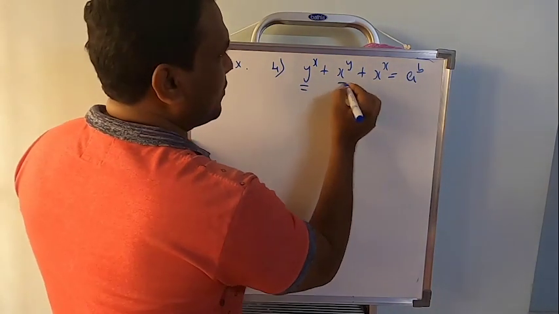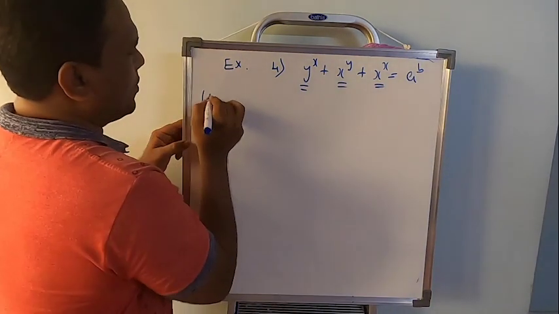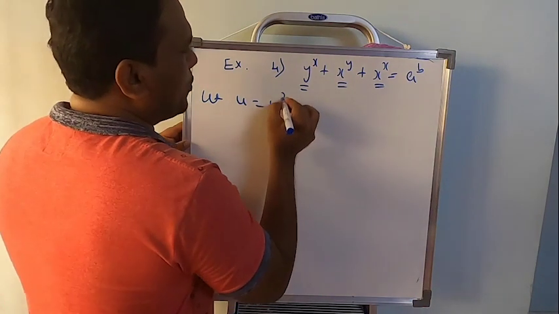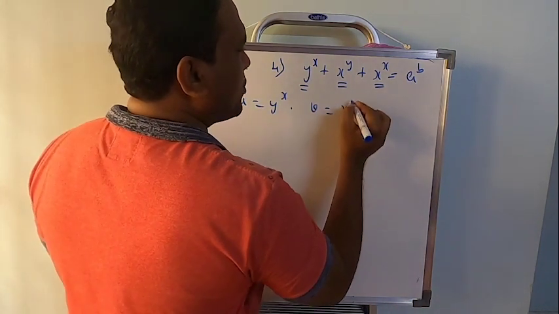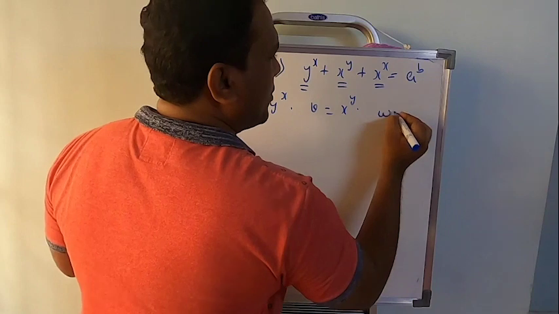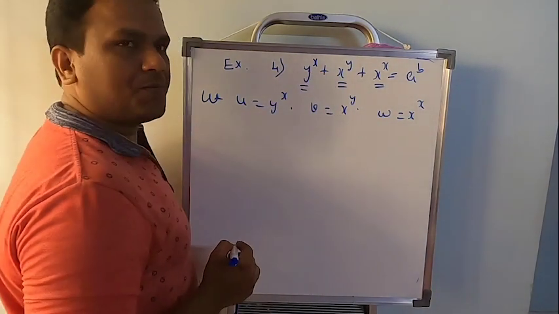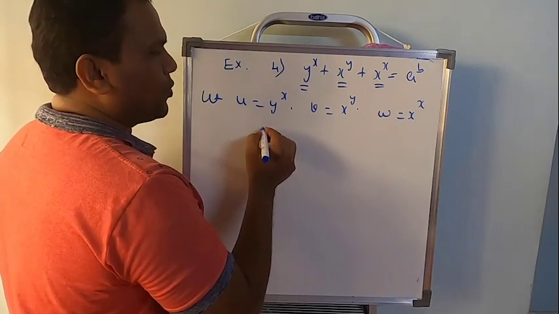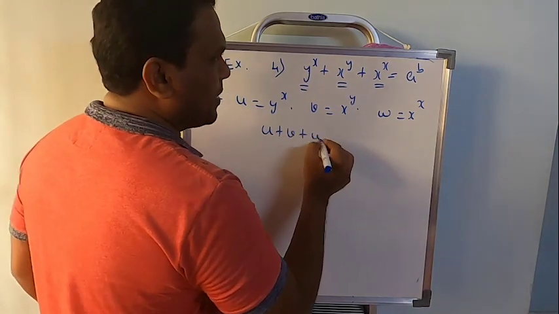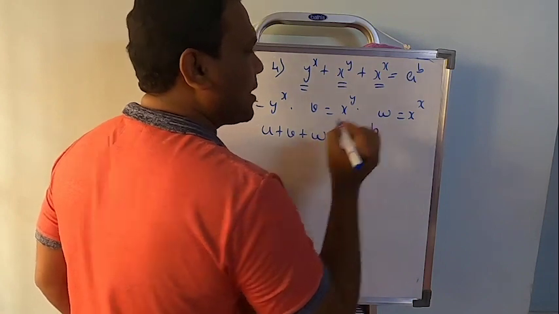First thing, give a name for these three. Let's call u is equal to y power x, v is equal to x power y, and let me call w as x power x. So this will become u plus v plus w is equal to a power b.